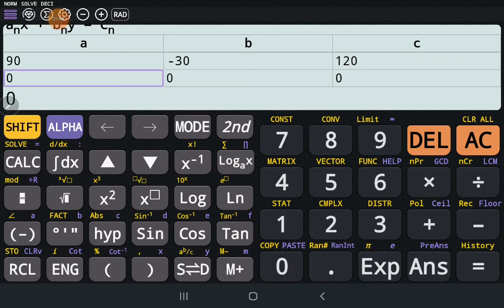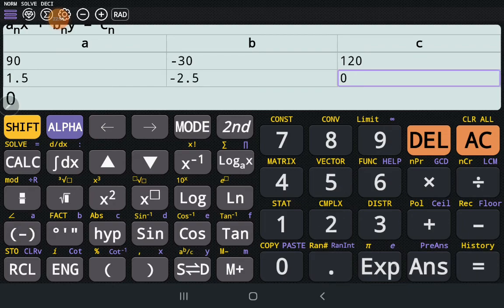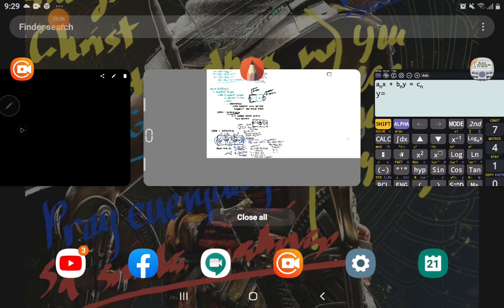This is all equal to 1.5 equals negative 2.5 equals 0. Okay, 0. So we have a value equal to 1.66. So SD lang, kung gusto nyo siyang gawing fraction form. So 5/3, then 1. That is our I2. So this is our I2 and I3.